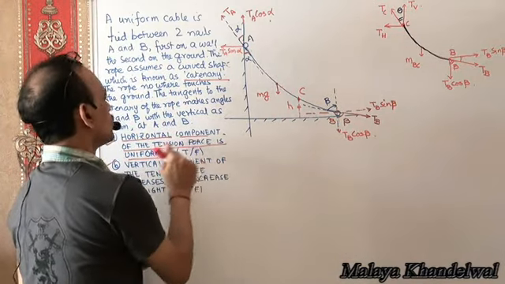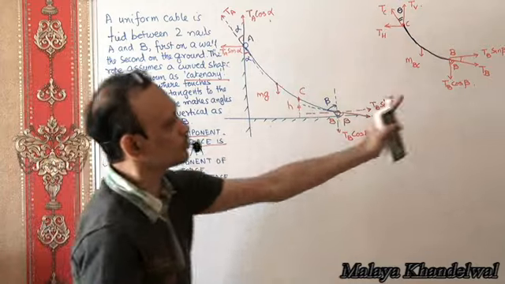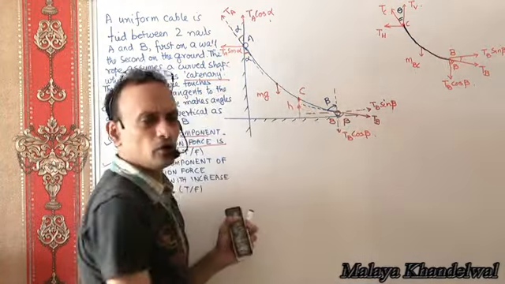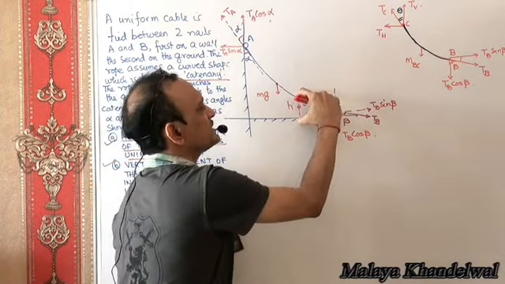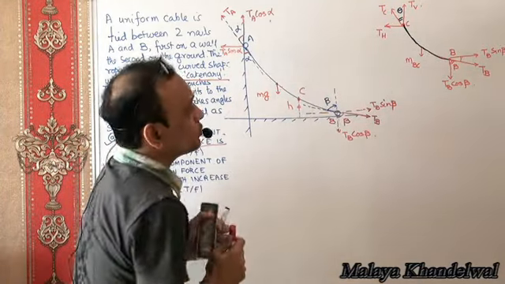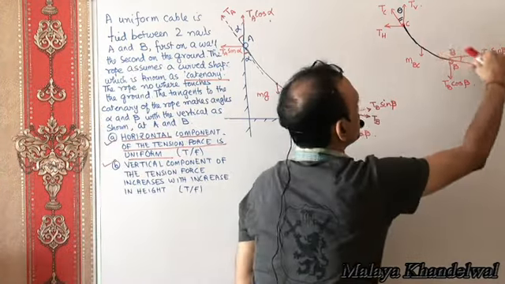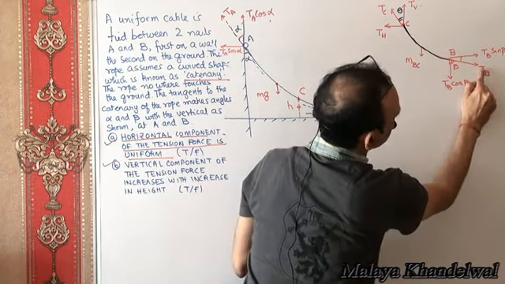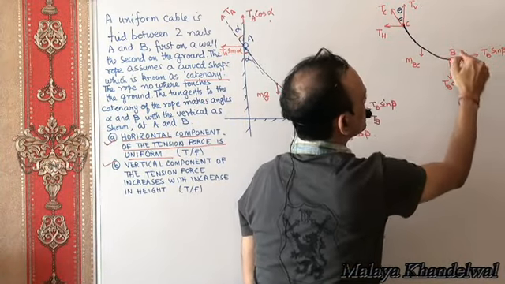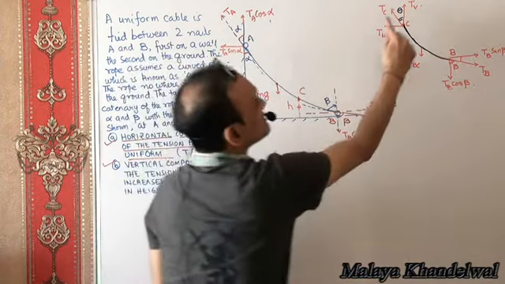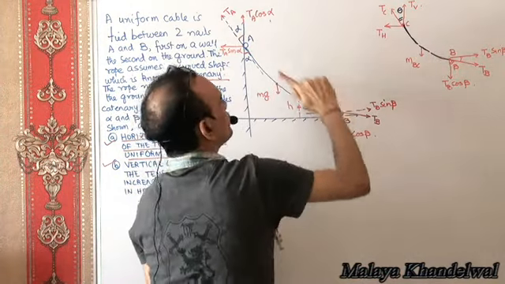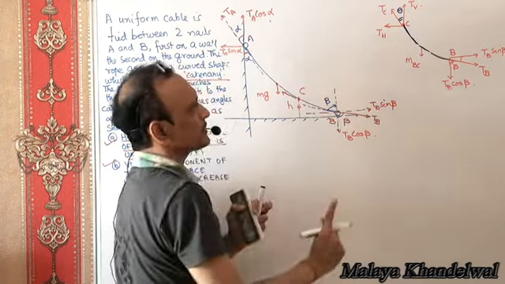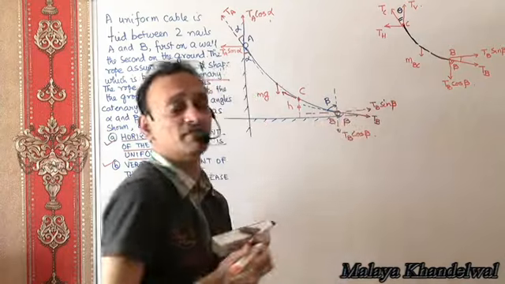Now, we need to check the horizontal component of the tension force along the rope. When I go from B to A, I look at a certain point C, which is at a height h from the ground. And I want to look at the free body diagram of BC. So at B, like I said, there is force TB, which could be resolved as TB sin beta and TB cos beta. At C, let's say the tension will be along the tangent at C, which makes an angle, say, theta with the vertical.